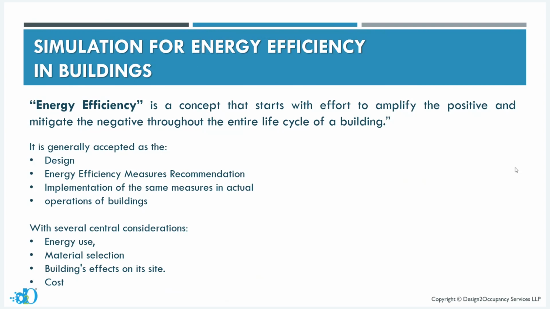So the first thing is we need to do the passive approach, what best we can do. And the second thing is the material selection, what material we are going to use in the building. Because right now things are changing because of climate change, and everybody is talking about carbon emissions. For the manufacturing of any product, they emit carbon emissions, and after installation also they emit carbon emissions.